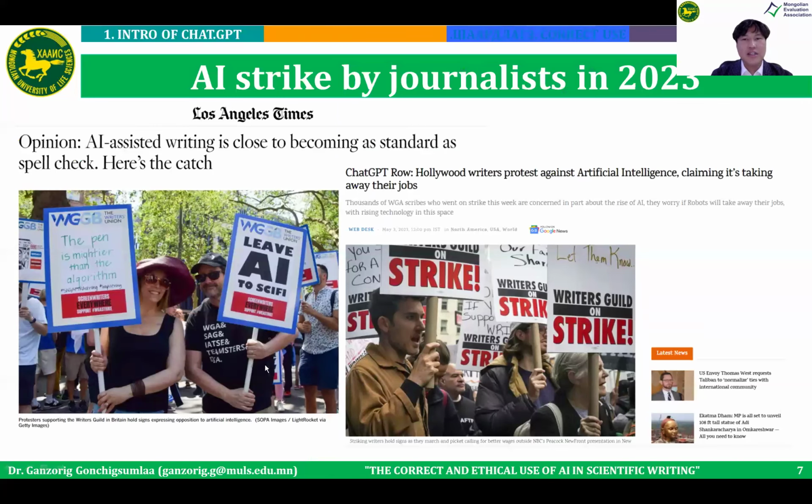So interestingly, there was a journalists' strike against the AI in 2023, because they are losing jobs because of the AI. So that's not so nice, really, to hear that someone is losing jobs.